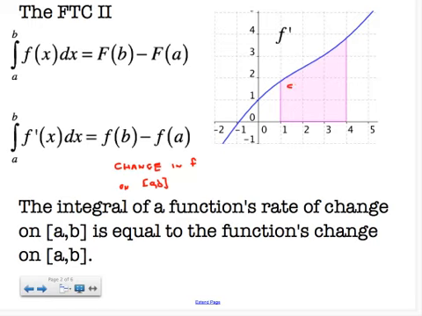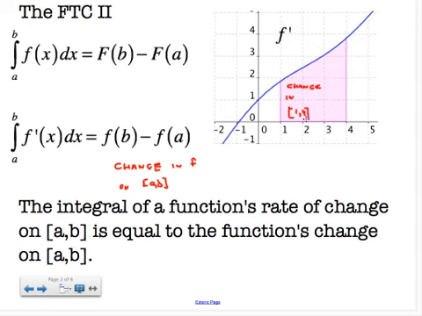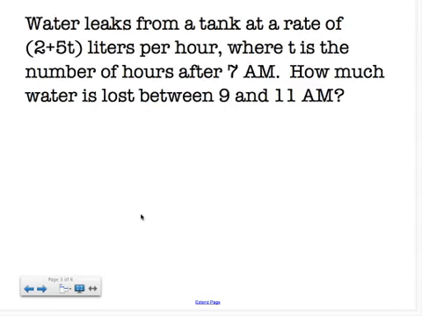This is the change in f, how much f changes between 1 and 4. So once again, even if I don't have the graph of f or the function f in front of me, I can determine things like how much it changes by calculating these areas via integrals. So let's take a look at some examples here.